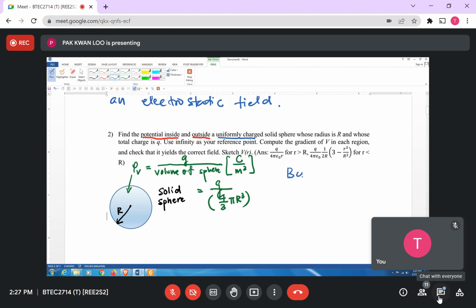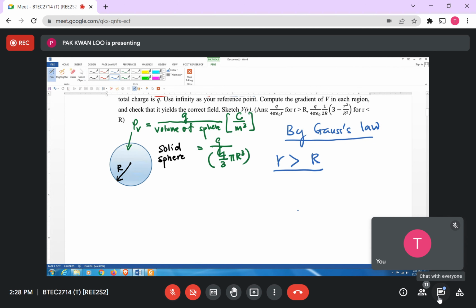So by Gauss's law, for the region outside the solid sphere, the flux coming out from the imaginary Gaussian surface is equal to the total charge enclosed.